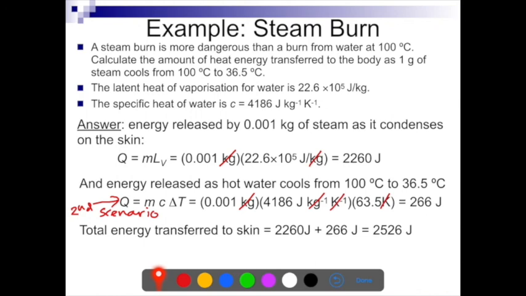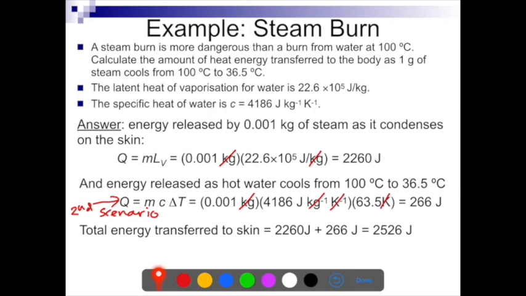Here we can see why steam is more dangerous than boiling water, because when you start with steam condensing into water and then cooling down on the body, you have this extra added heat that is released due to steam condensing into water on the skin.